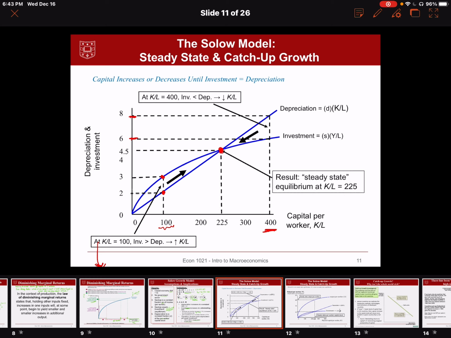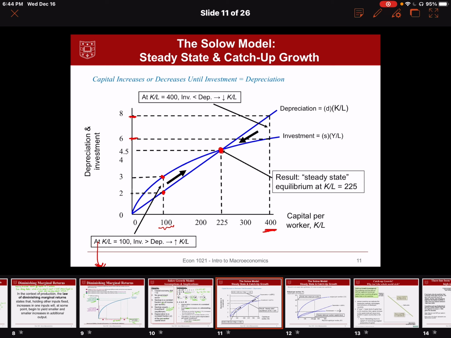And so, as a result, what we can conclude is that there's got to be a point at which the level of capital per worker is such that investment and depreciation are exactly the same. And at that point, what we're going to observe is what's known as a steady state.